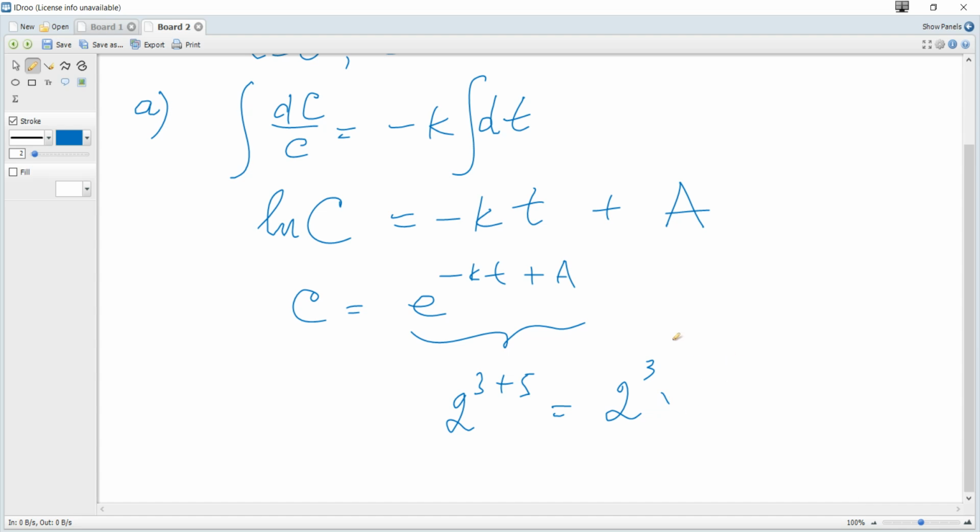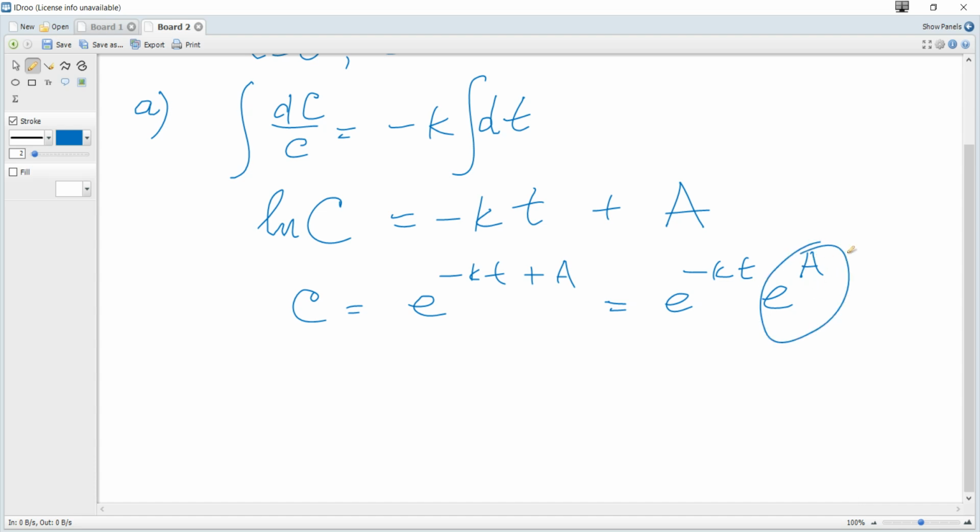So we can rewrite it as e to the negative kt multiplied by e to the power of A. e is just a number, 2.7 and something, so it's a constant to the power of a constant, so it's just another constant, and let it be, for example, B.